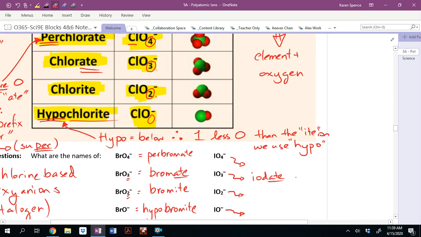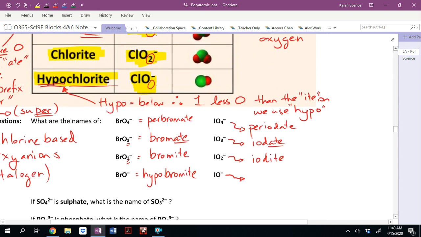One more than the ate, we have to put a per in front because per means more than, so that's periodate. One less than ate, the ite ion, so that's going to be iodite for IO2 minus. And finally, hypoiodite has one oxygen less than the iodite.